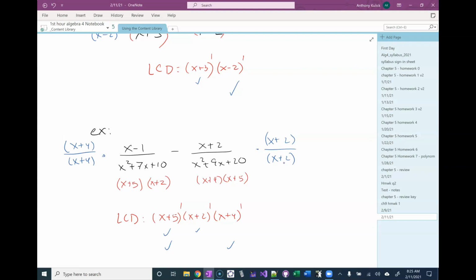Everybody so far so good? Okay. So I'm going to FOIL the numerators out.